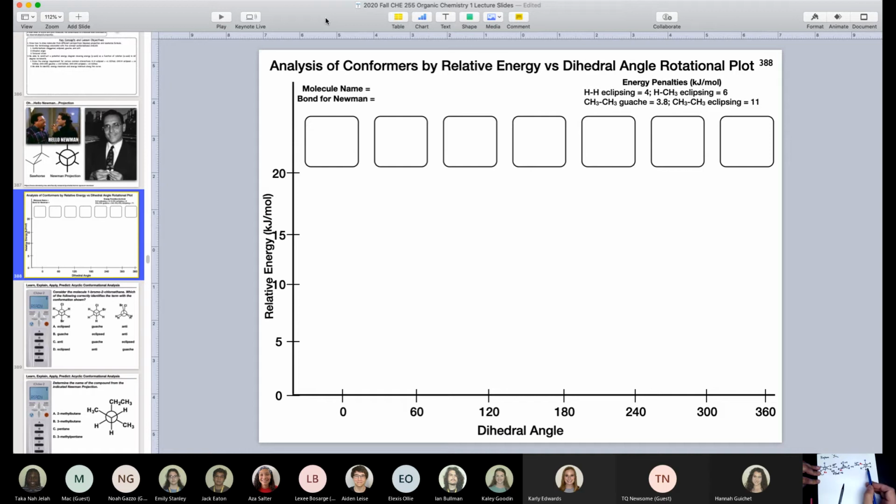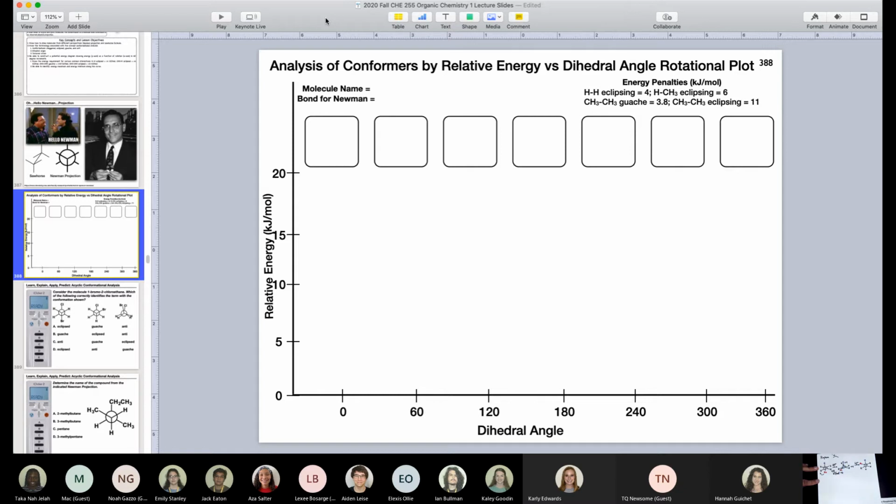So now we're saying there's no energy penalty for this. So the first and third conformations are virtually the same. When you go through the rotation, you're adding 14: +4 for the HH, +6 for the methyl H.